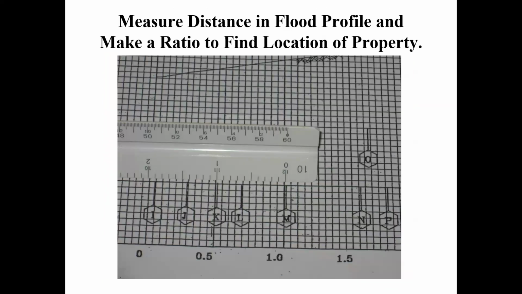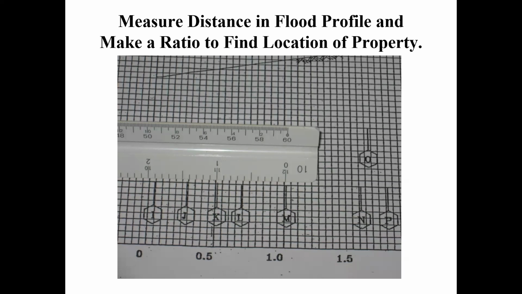But this is what it looks like currently for the 1D mapping if you were to determine a base flood elevation. And so, as I mentioned, we're measuring the distance from our property to the upstream cross section. So we have L and M here. So this is what the stream profile looks like, and you can find these towards the end of the flood insurance study.